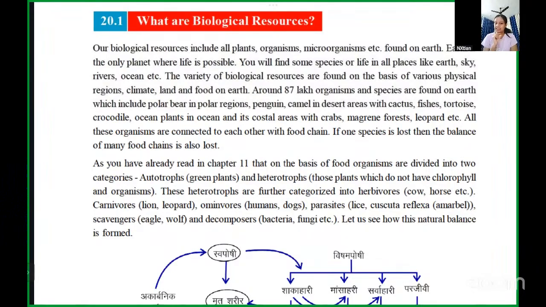We differentiate animals on the basis of climate: mountain region, cold region, desert region. Like polar bear in polar regions, penguin, camel in desert areas with cactus, fish, and tortoise.